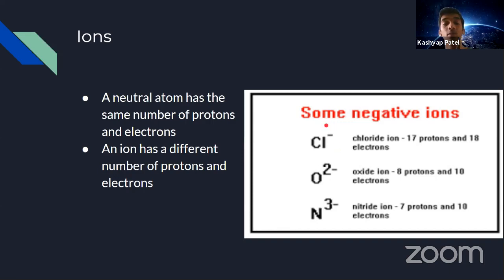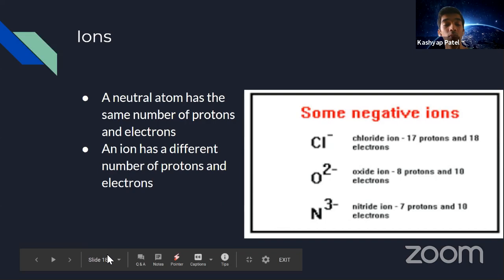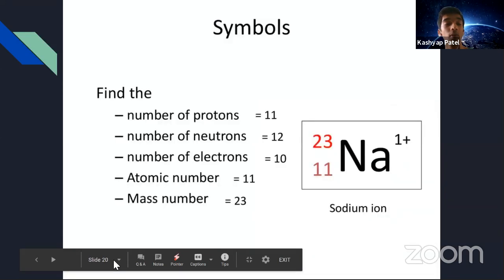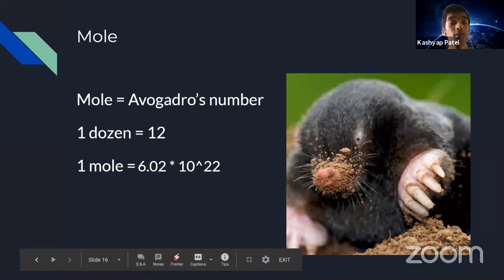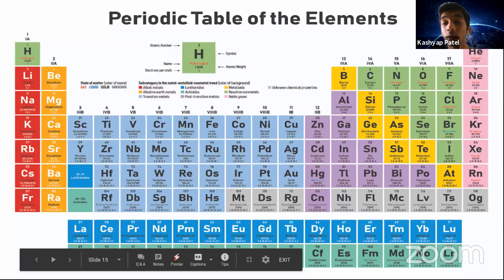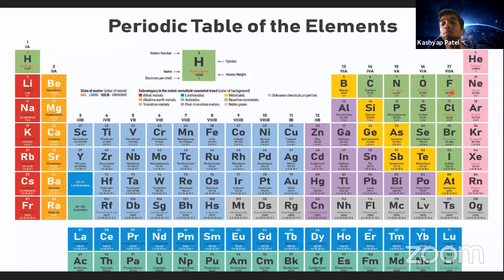So if we pull up the periodic table of elements, and we go to chlorine, we'd see here that chlorine has 17 protons, because that's the atomic number on the top.